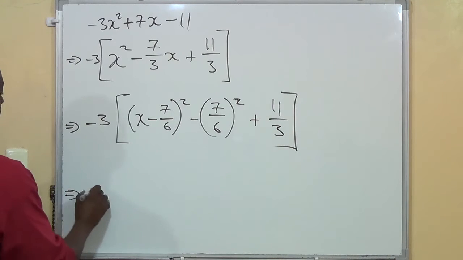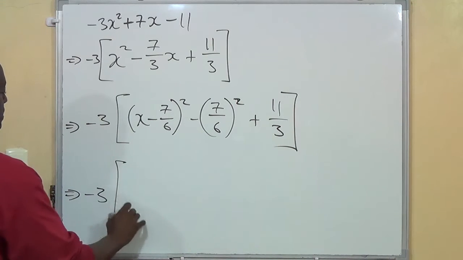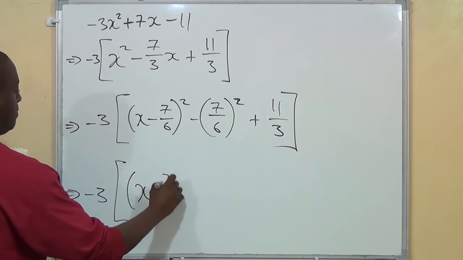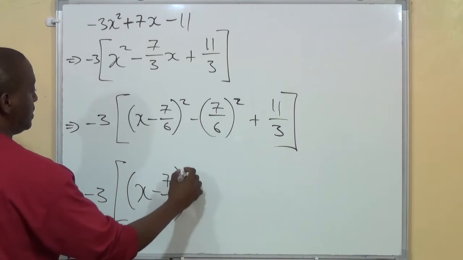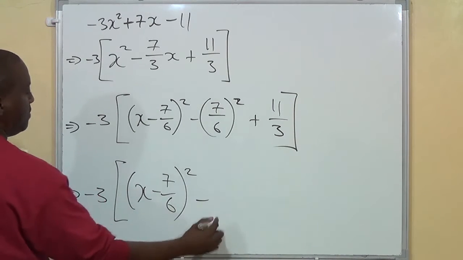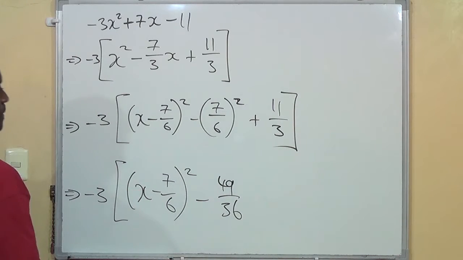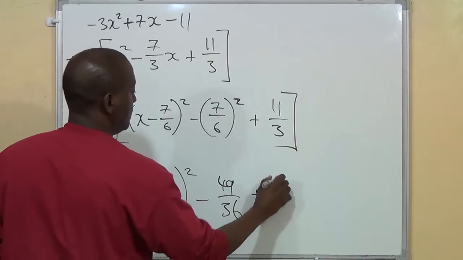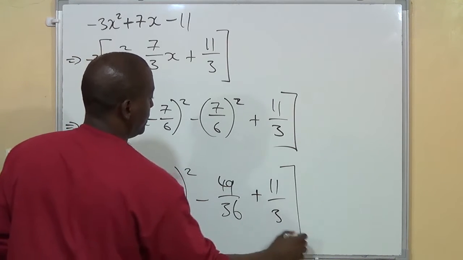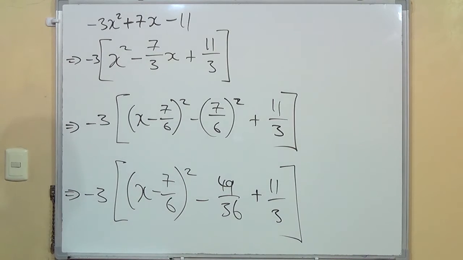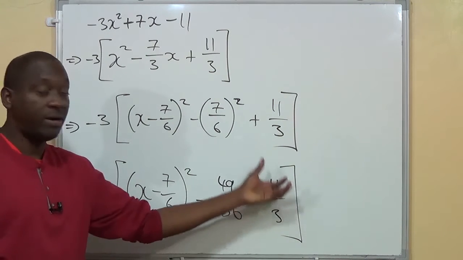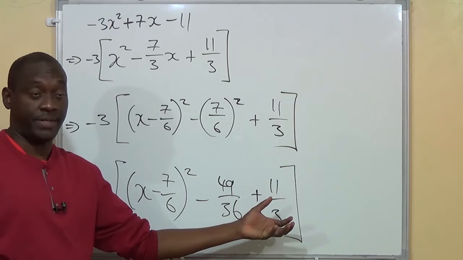So we continue. That is equal to minus 3 into x minus 7 over 6 squared. Minus 7 over 6 squared is 49 over 36 plus 11 over 3. Now we have a situation where instead of having a whole number here, you have a fraction. Alright?